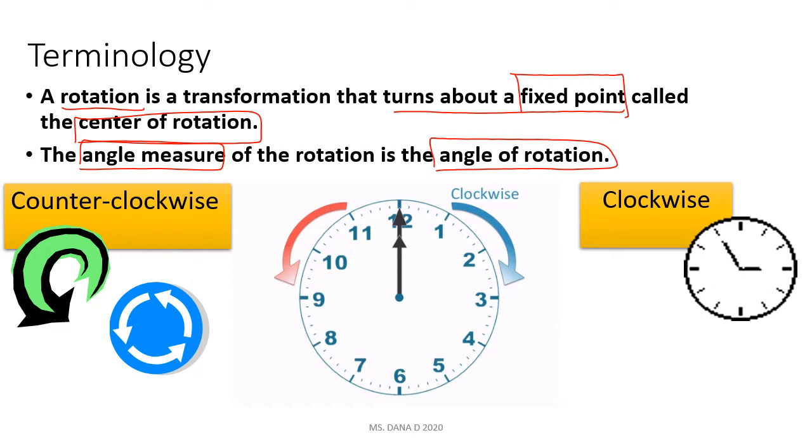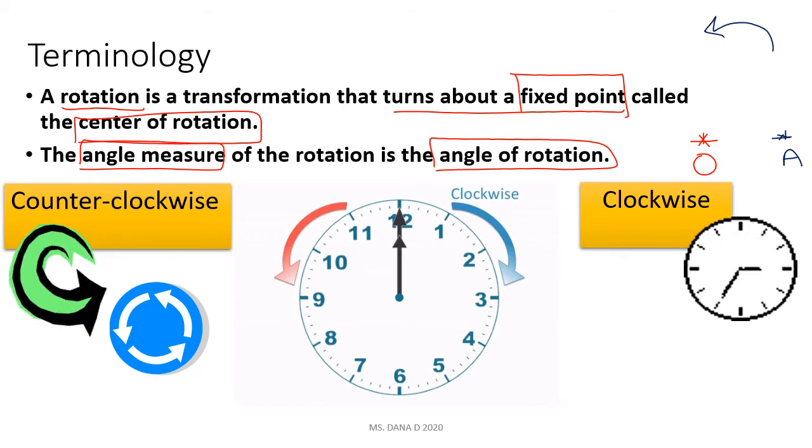When I say a fixed point or center of rotation and the angle of rotation, how are they related to each other? So we said at the beginning of this video that my origin is the center of rotation. So I'm going to consider this my center. I'm going to call it O. Okay, and I have a point A. I'm going to take a rotation as counterclockwise, anti-clockwise.